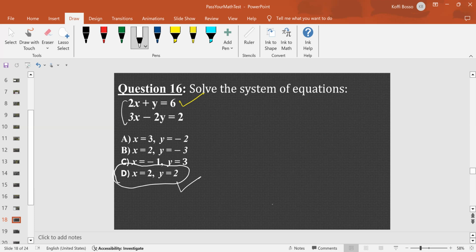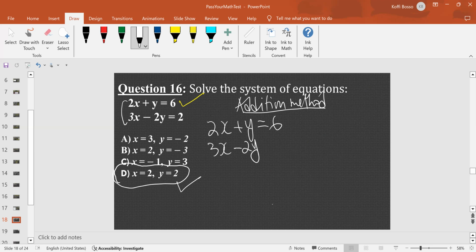But here, let's use the addition method. For the addition method, if you take 2x plus y is equal to 6, and 3x minus 2y is equal to 2, we'll try to create opposite coefficients for one of the variables.